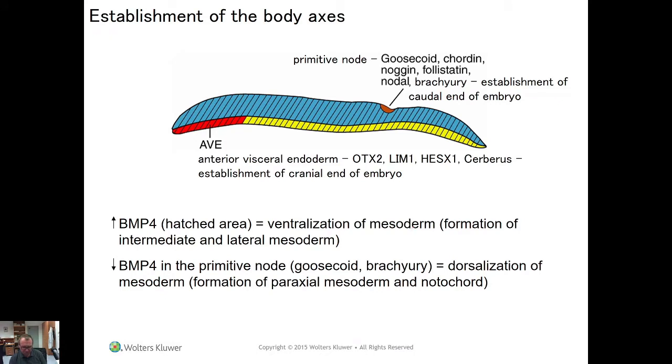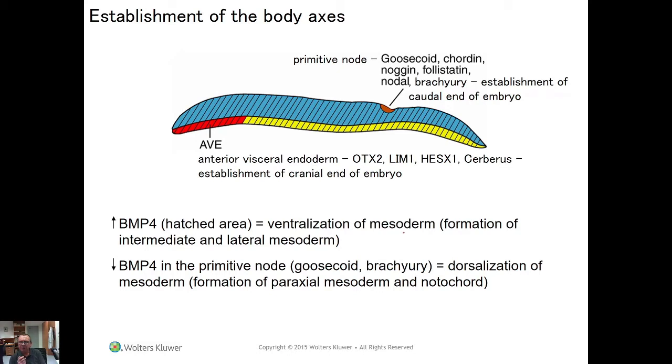During the third week, of course, many signal molecules are working because body axes are developing. Craniocaudal axis is given by a sequence of Hox genes, you know it, and these Hox genes as the second messengers stimulate the formation of other molecules.